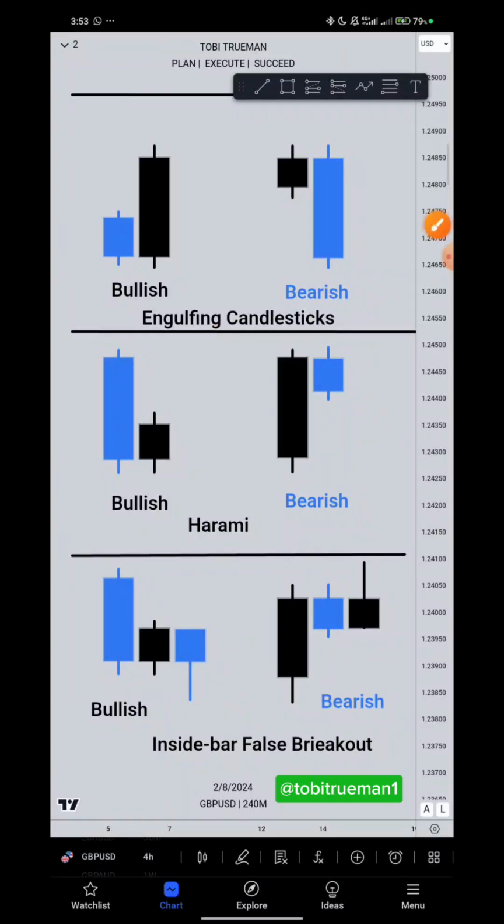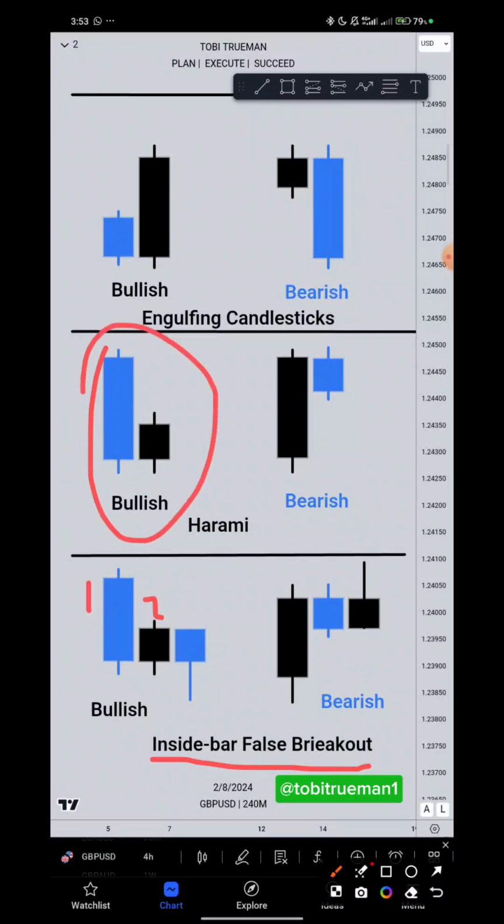Then lastly, the last one is inside bar false breakout. Okay, so the number 1, it involves 3 candlesticks, and the number 1 there is the bigger candlestick, just like the mother candlestick. Then the number 2 is like the child candlestick, just like when we are talking about bullish Harami, where this is like a pregnant woman with a protruding stomach.